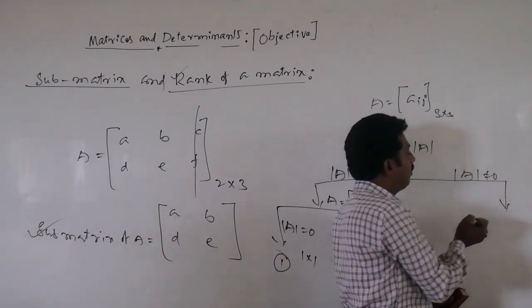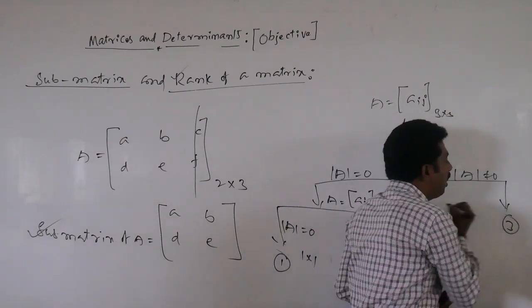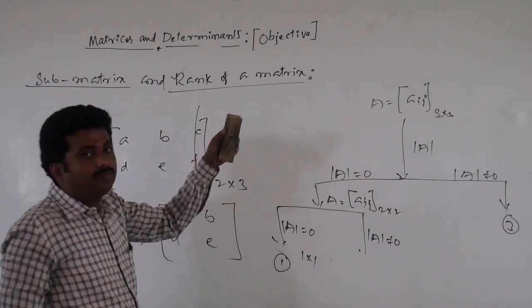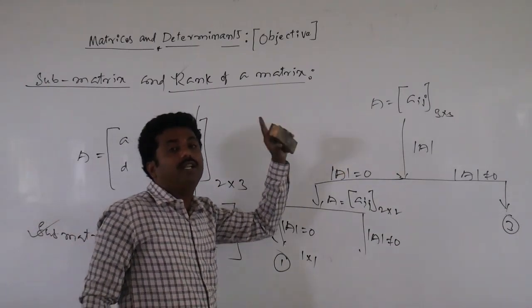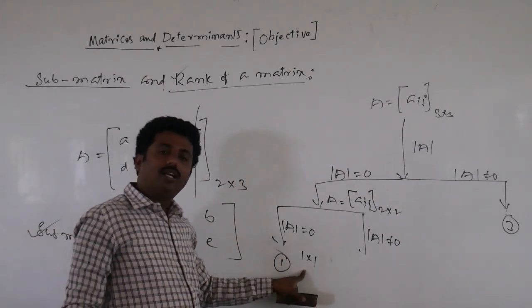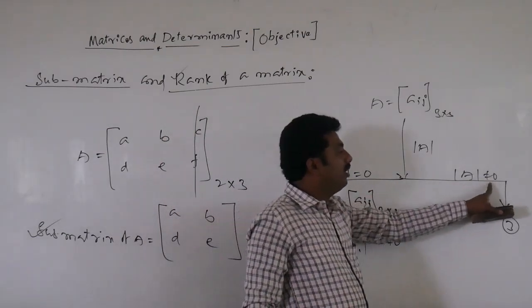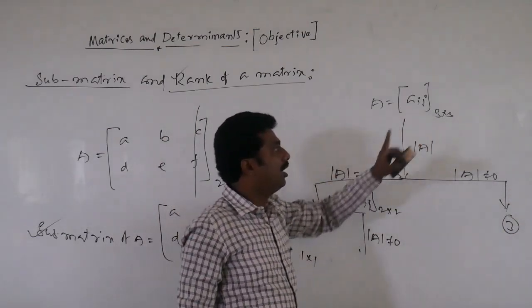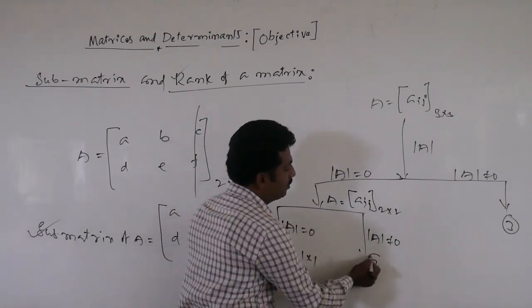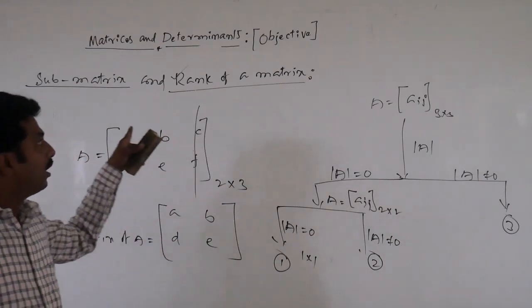By definition, rank is the maximum order of a non-singular submatrix of A. Non-singular means determinant is not equal to 0, so the order is 3. If the determinant is 0, the order is 2. Like that we have to calculate the rank of the matrix.